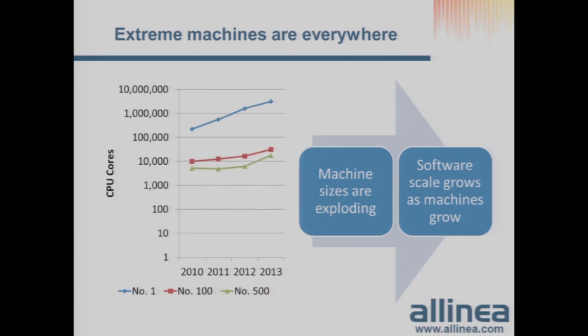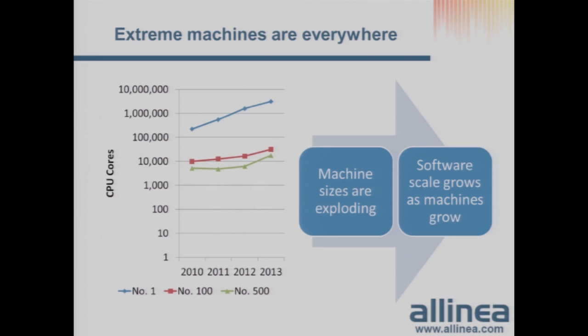Over time that shifted to about 600,000 cores in the number 1 system in Japan, followed by Sequoia briefly. And then finally, the most recent, the Chinese system of something like 3 million cores. So machines are getting a lot bigger.